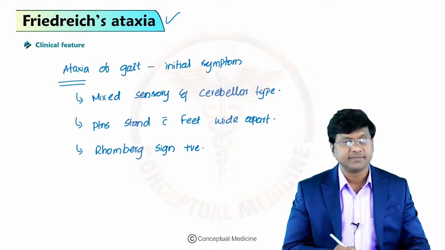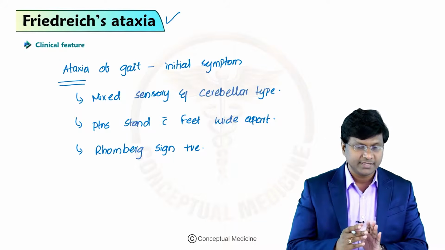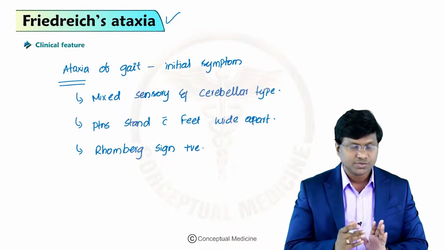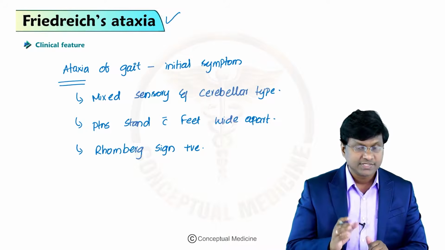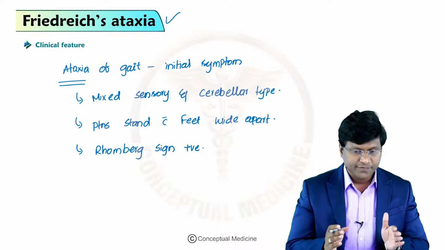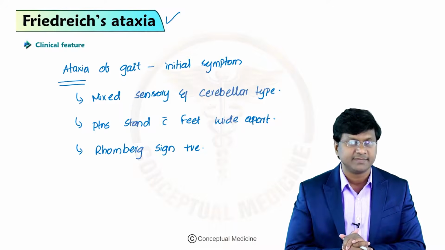So what do you understand by this word Romberg sign? This is mainly to test the intactness of the cerebellum. The individual is asked to stand with legs together. First, with legs together and eyes open, he should stand and maintain the balance.